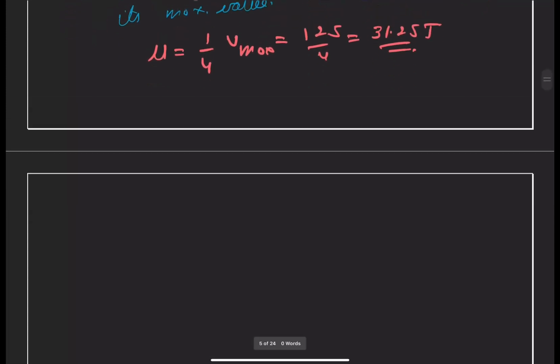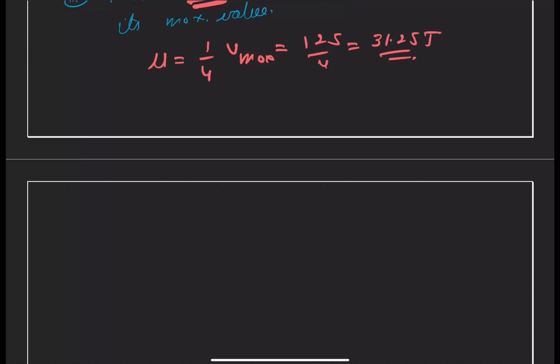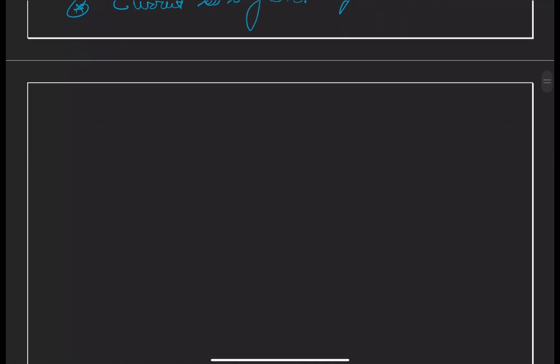And we have this LR circuit, and for the LR circuit we already know the equation which defines the current as a function of time. That equation is I of t is equal to I max times 1 minus e to the power minus t upon tau, where tau is the time constant.